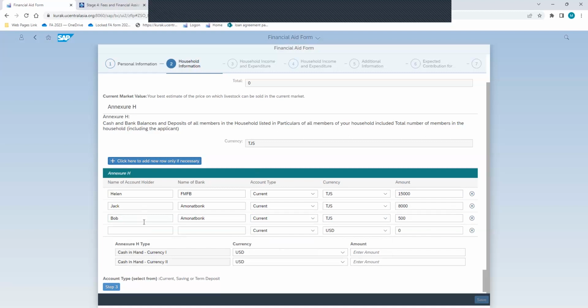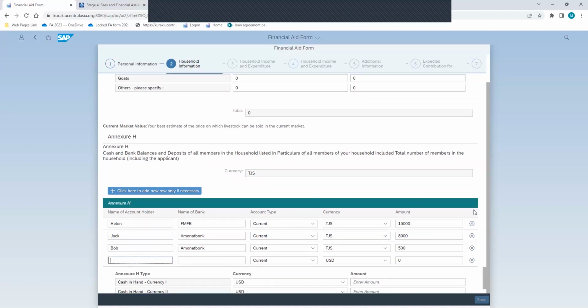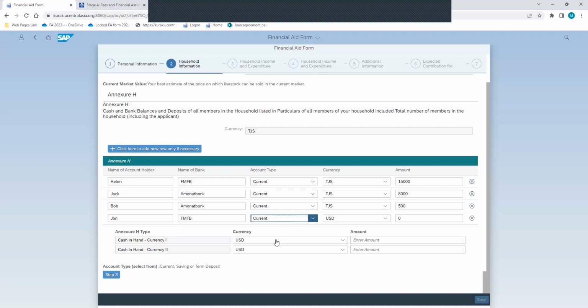And maybe, let's say, my parents prepared a current or savings account for me as well in my name in the bank. So I'm adding mine as well. The bank name is FMFB. It is the savings account. It is in USD maybe, and maybe I have around $1,000 there.